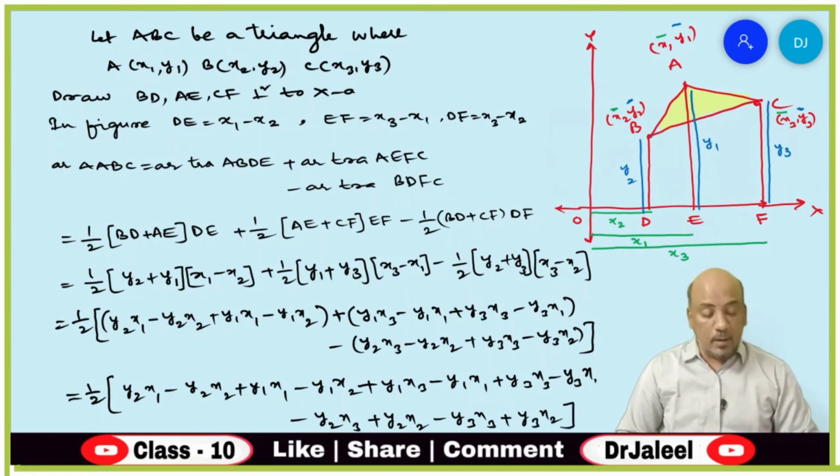So children, now in this statement you see whether can we cancel anything or not. We will see plus y1 x1 minus y1 x1. Can I cancel this? Yes, we can easily cancel, so I am cancelling it. The next, minus y2 x2 plus y2 x2, yeah, here it is.